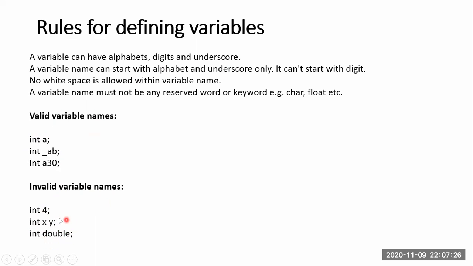All these are not valid variables. Why? Because a name should not start with a digit. Again x.y, you should not write like this. And double is a keyword here. White spaces also create a problem.